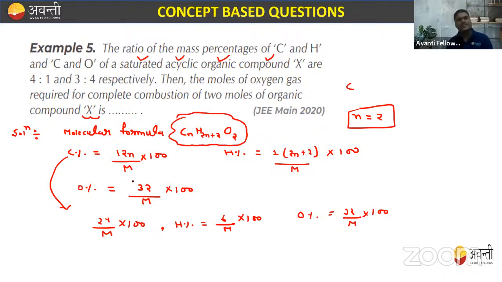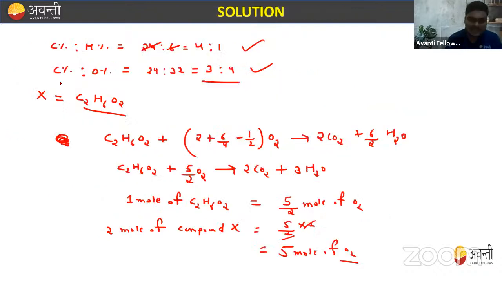Because the molecular formula, let us assume it is equal to CnH2n plus 2, right? So percentage of carbon is given, that is 12n upon M into 100. Percentage of hydrogen is given and percentage of oxygen is given. Now suppose n is 2, right? अगर n को 2 ले लें तो इन दोनों का रेशियो निकाला. And if you find the ratio of carbon, hydrogen and carbon, oxygen, they come out to be 4:1 and 3:4. It confirms that the compound is nothing but C2H6O2.